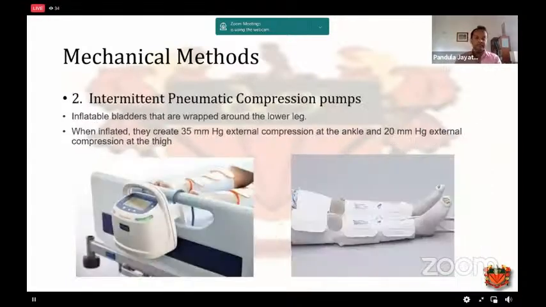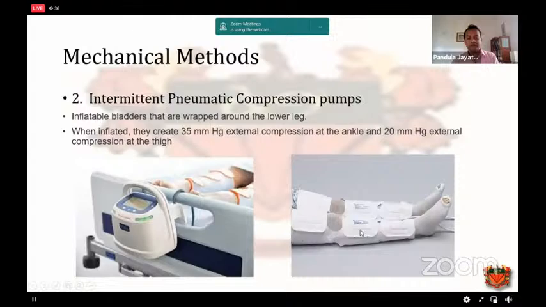And the other method, which is not widely available, is the intermittent pneumatic compression pump, which is more effective than the graduated compression stockings. And what we use here is bladders or cuffs which are applied over the lower limbs, including the thigh and the calf. And then this is connected to a pump, where the pump will be intermittently inflating and deflating these cuffs or bladders, which will act as a mechanical pump to pump the blood from the lower limbs to the heart.